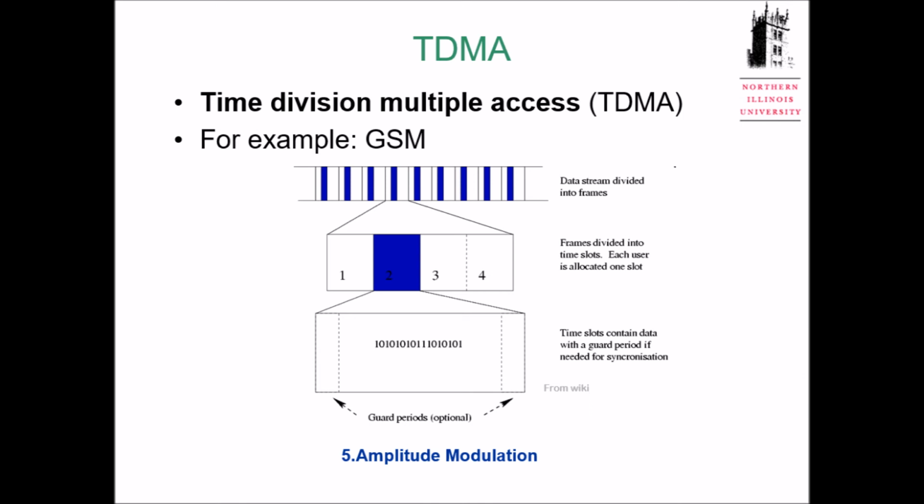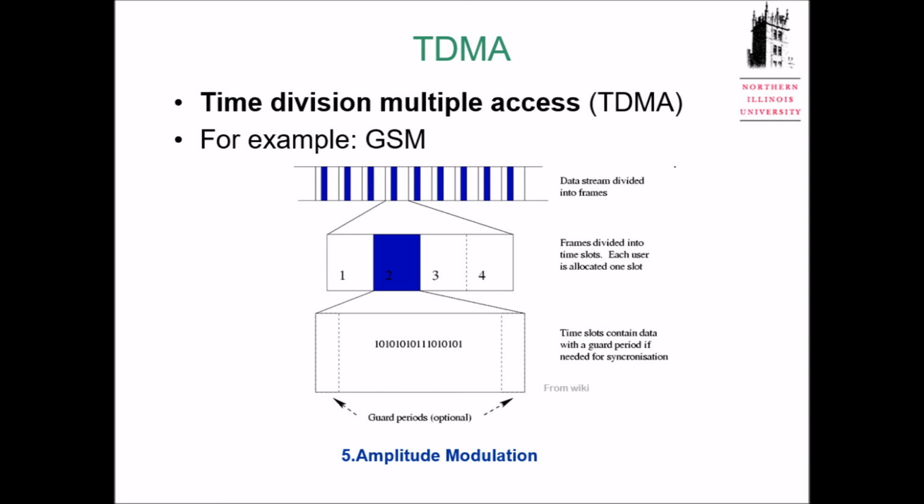User 2, you always use slot 2. So if I have 100 users, I need 100 slots. In each slot, I'm going to transmit my data, and generally I'm going to put some guard periods before and after.